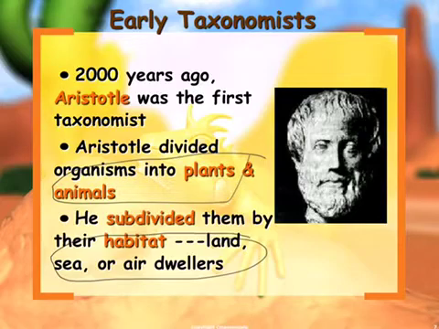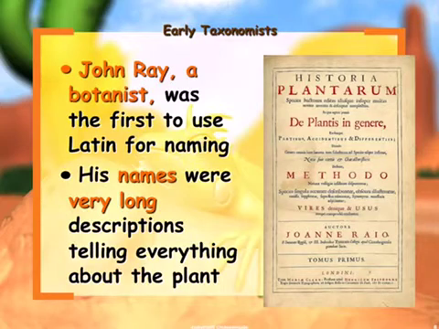That was a recognized system for a long period of time, but later scientists tried to revise the system to make it more efficient. Another scientist who contributed to the development of the modern naming system is John Ray. He's one of the first scientists credited with using Latin for naming. The problem was, in this period of time, using Latin was nice, but they didn't really have a defining way to come up with the names, so the names were very long, too descriptive, and very complex.